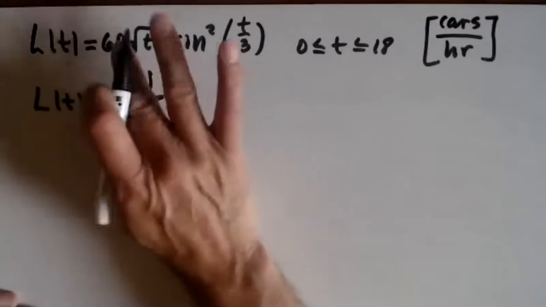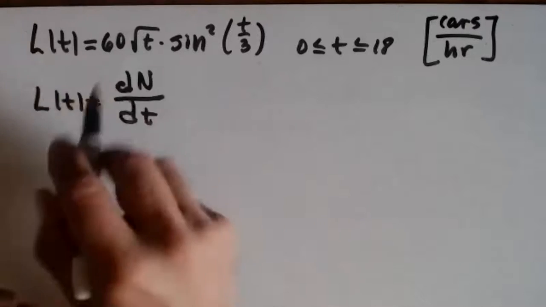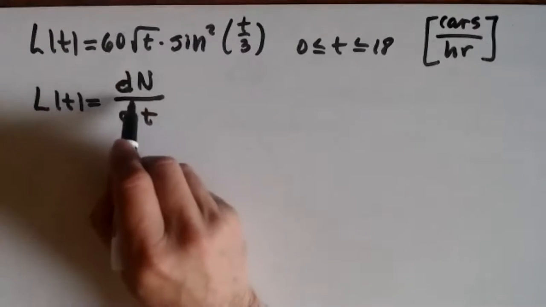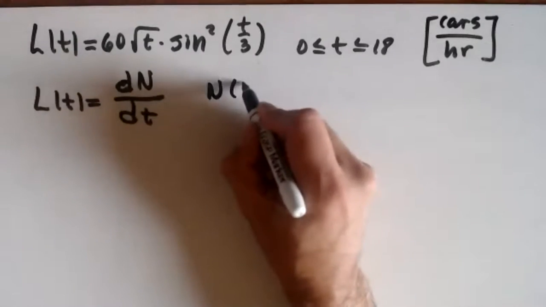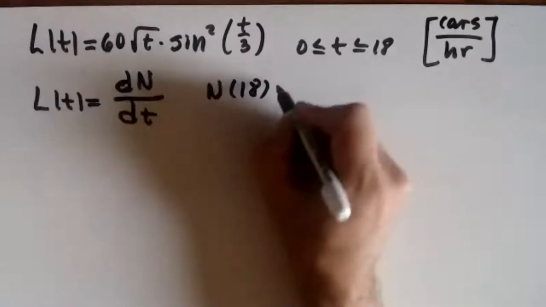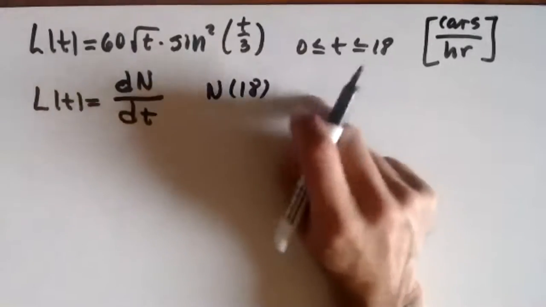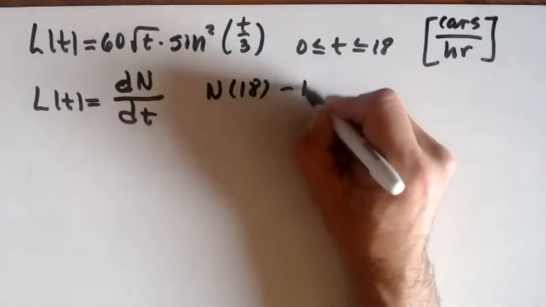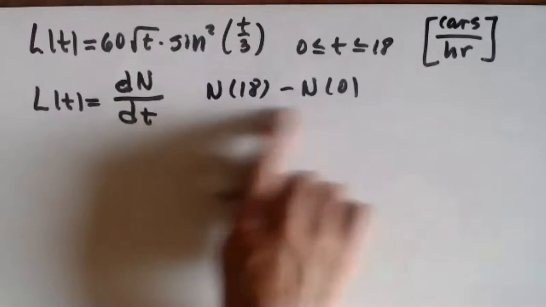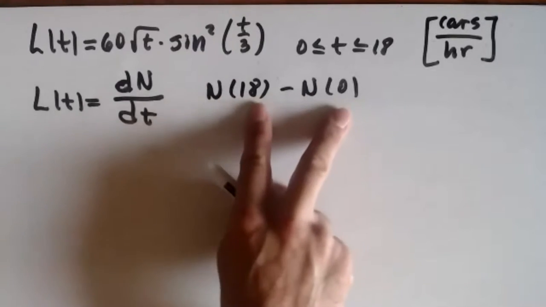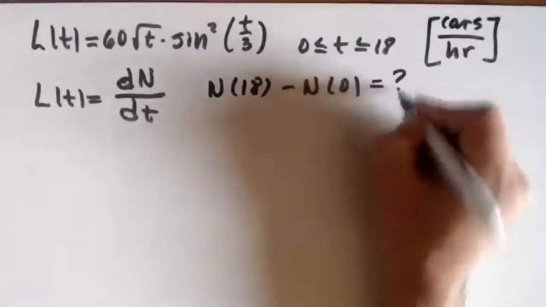So it's the way you determine which function you have to find. They ask, what is the number of cars that turn left during 18 hours? To find this, I need N of 18 minus N of 0, correct? So this is the number of cars in the interval 0 to 18. This is the total number of cars that turn left during these 18 hours. So it's what you have to find.